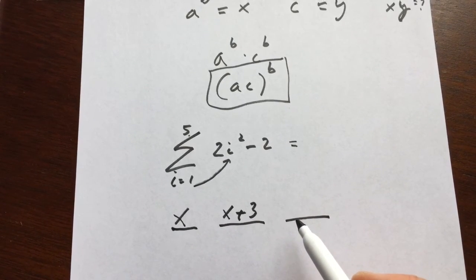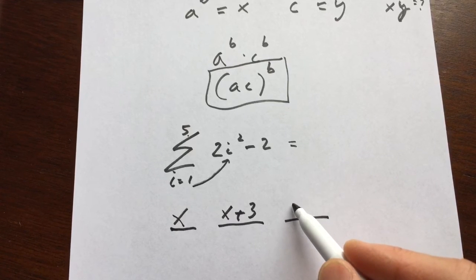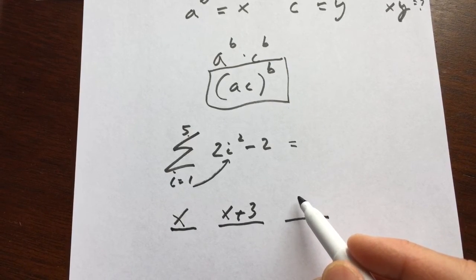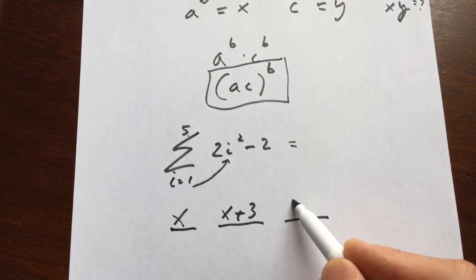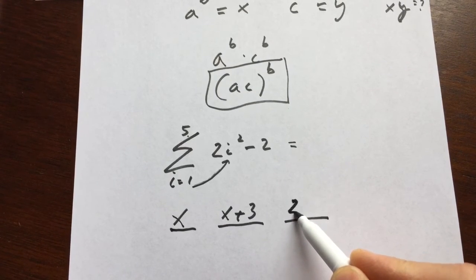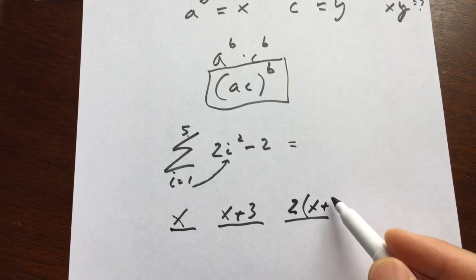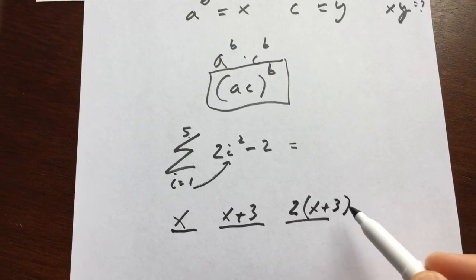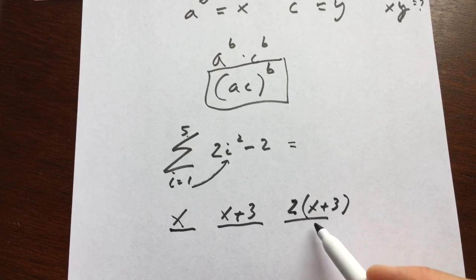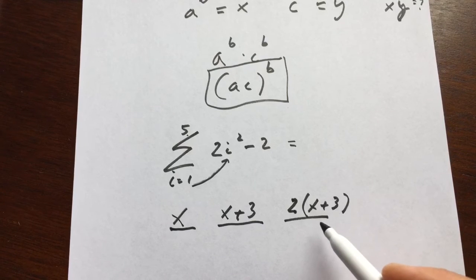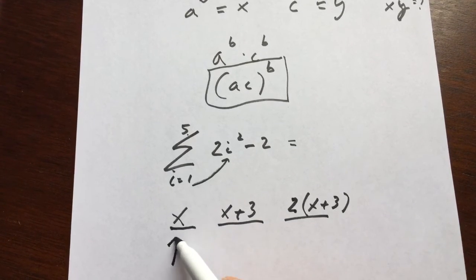The sales for the third year were double the sales for the second year, so the third year is going to be 2 times (X plus 3). If sales for the third year were $38 million, we're ultimately trying to figure out the first year.